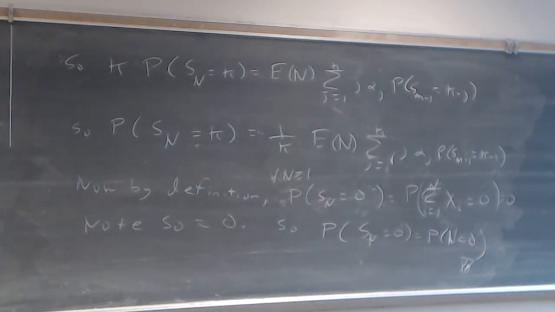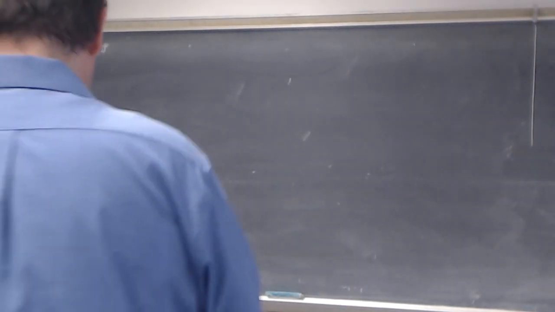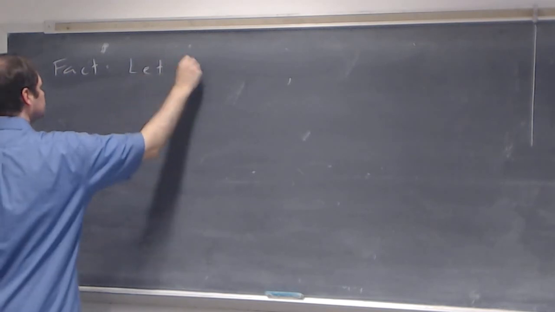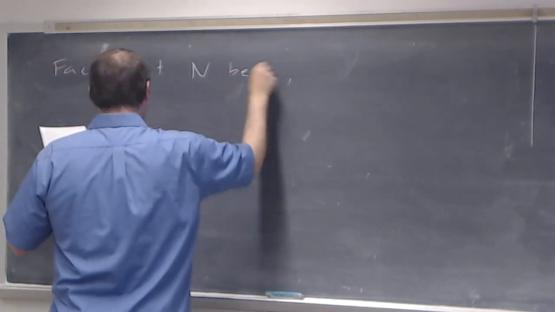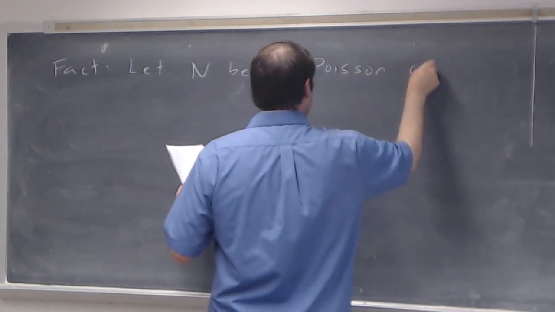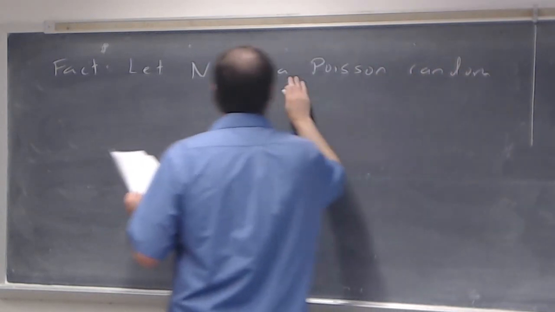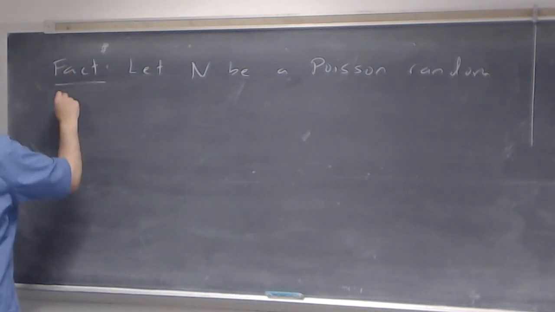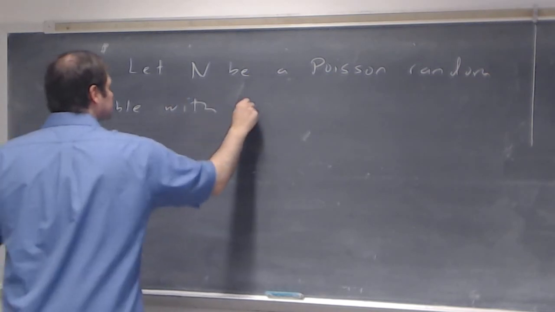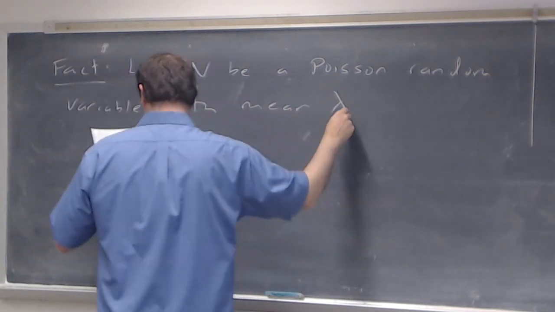Let me explain that. Okay, here is the last thing I wanted to write up. It's a fact, I'm going to prove it. It says, let N be a Poisson random variable with mean lambda.